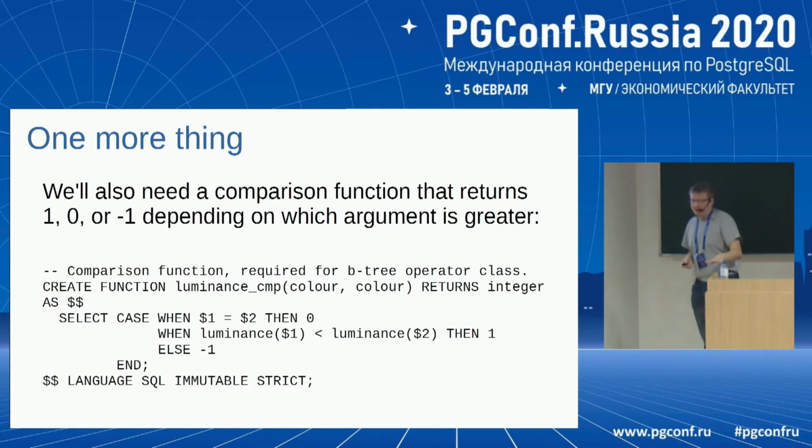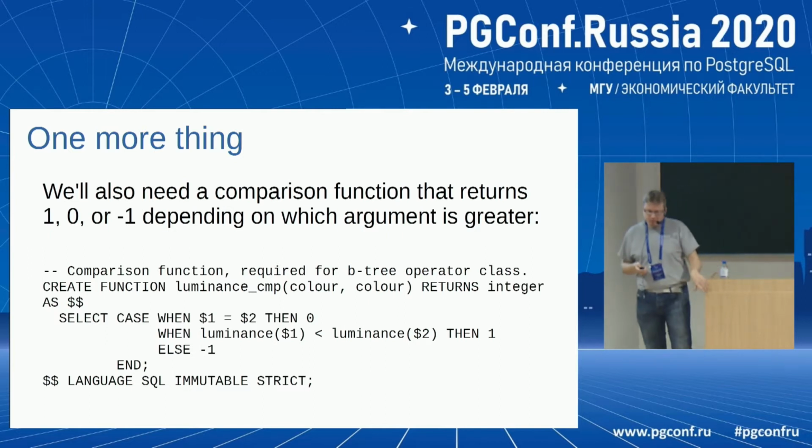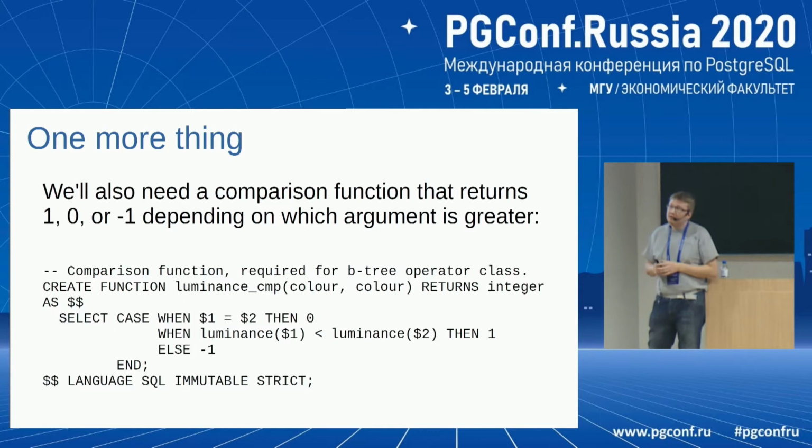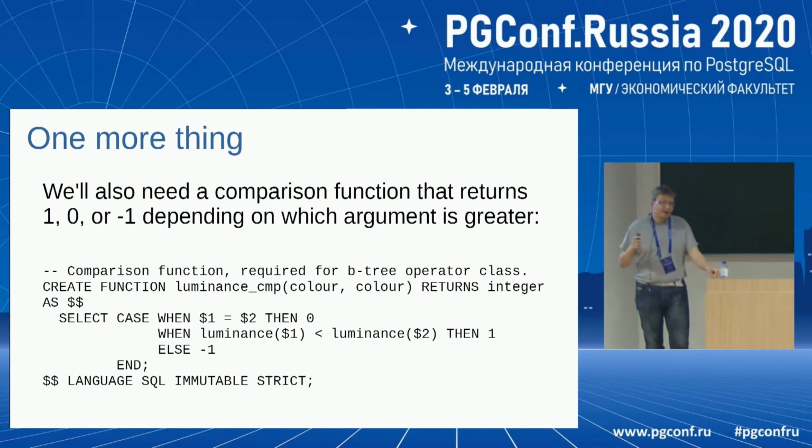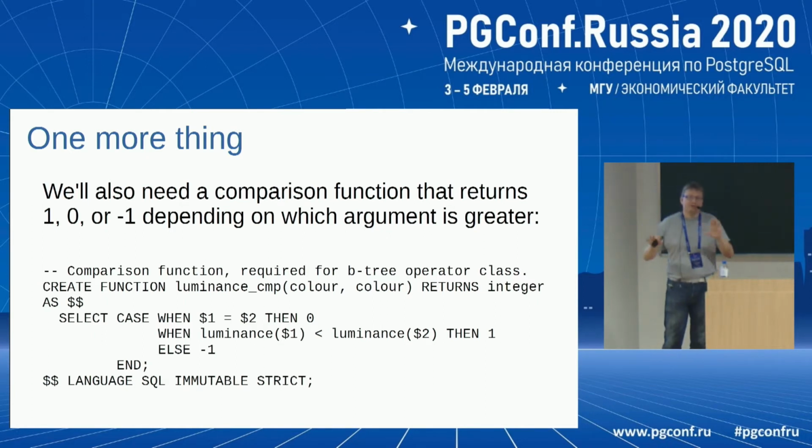One more thing we're going to need. In order to do sorting, Postgres also needs what we call a support function, which is a comparison function which compares two color values and just returns 1, 0, -1, depending on which one is greater.